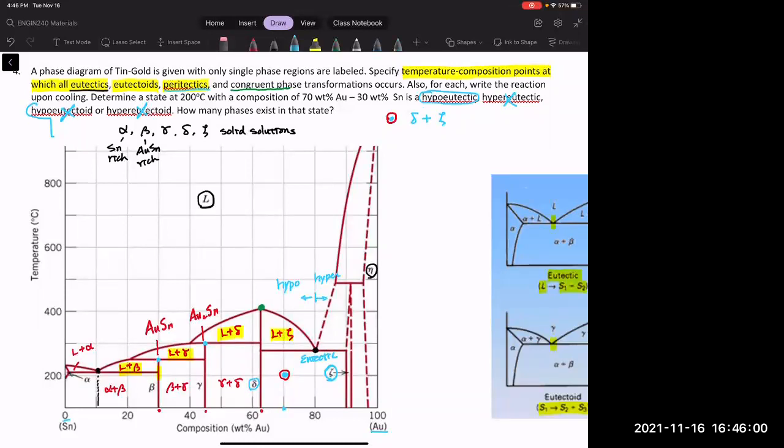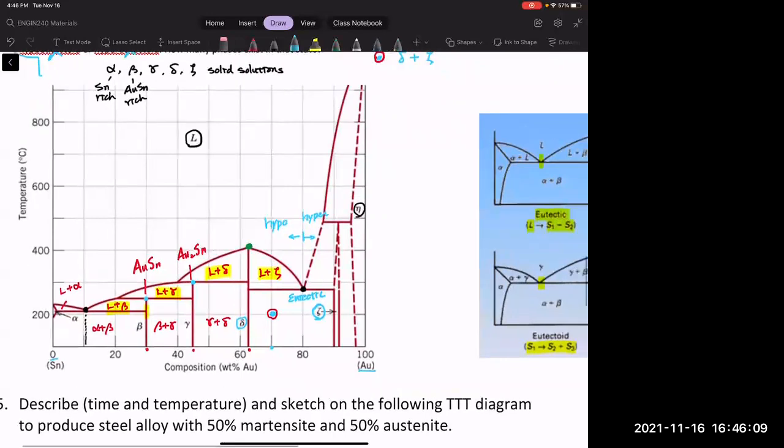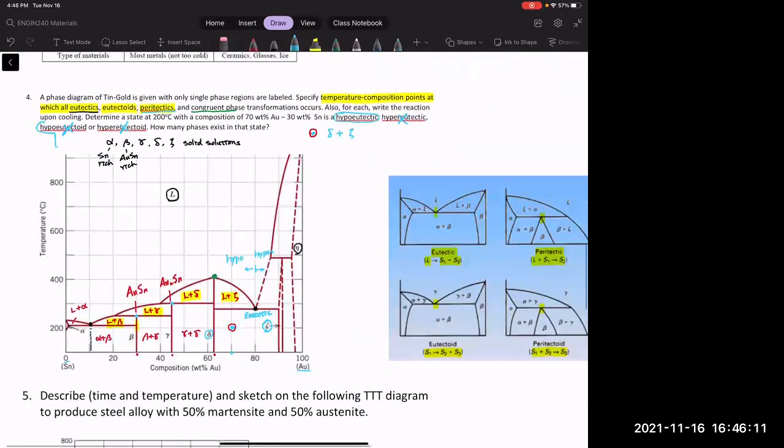Okay, any question about this? We can ask more questions just from the phase diagram. I haven't talked about the lever rule. You've been doing a lot of lever rule in your homework.